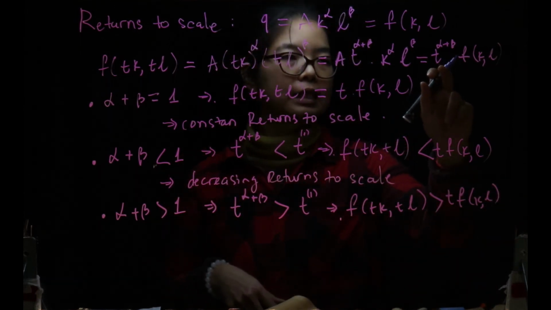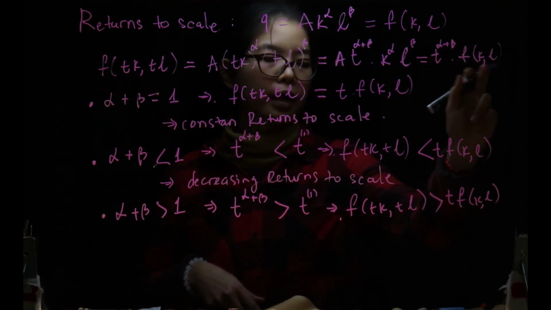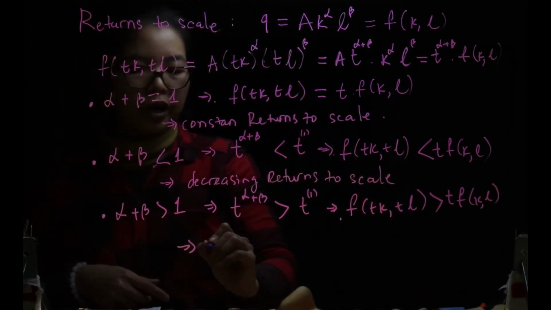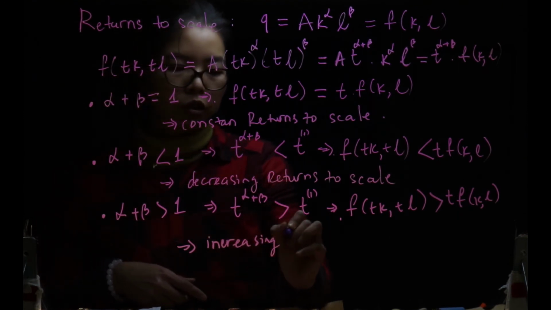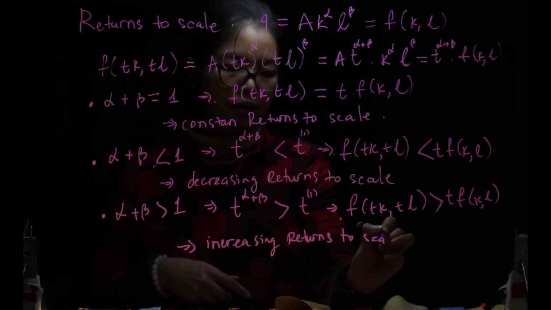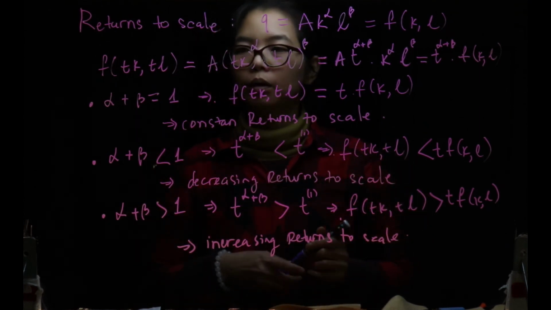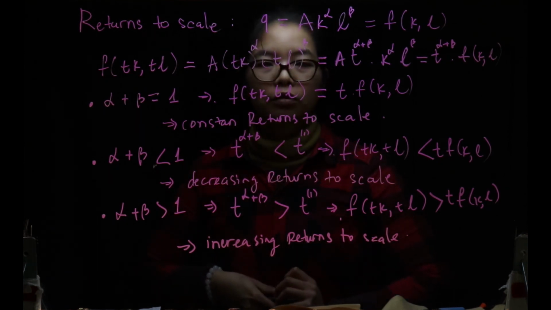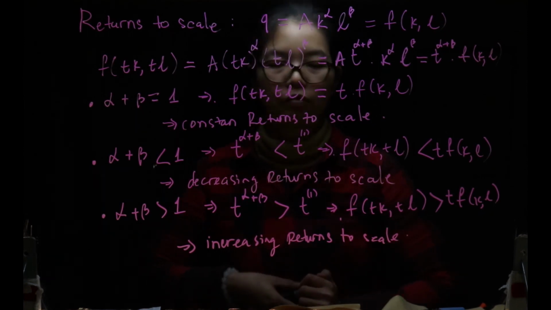Because here you have t to the power alpha plus beta times F(K, L), which is this part, this guy. That means we have increasing returns to scale. And this is a particularly interesting property of the Cobb-Douglas production function, where you can tell the returns to scale already by looking at the exponent of the function.